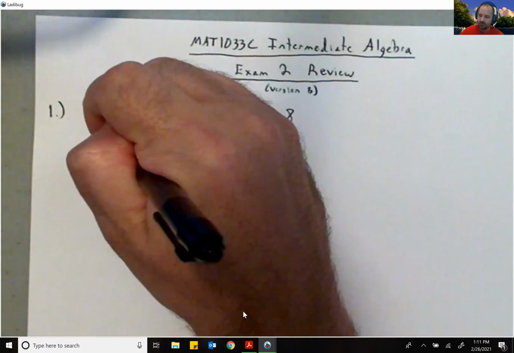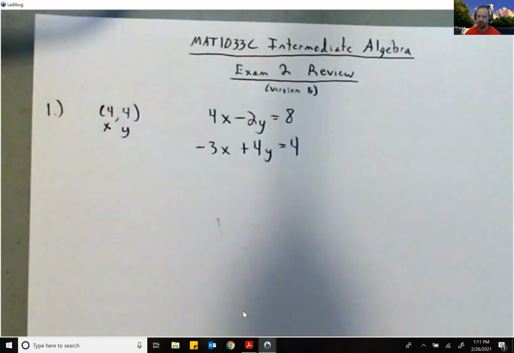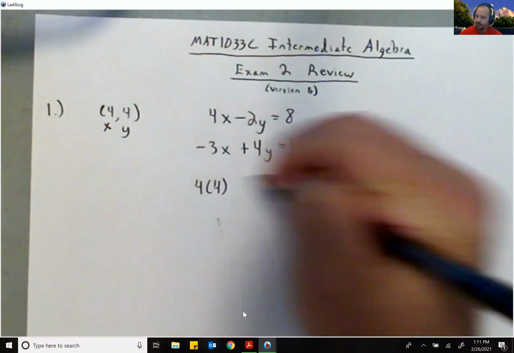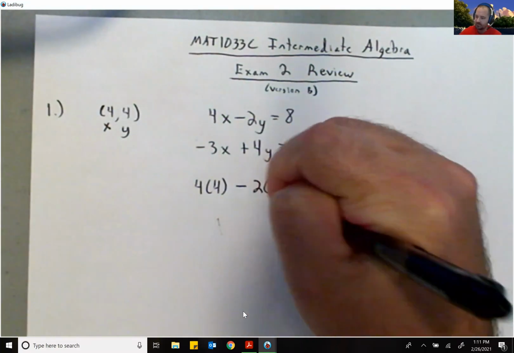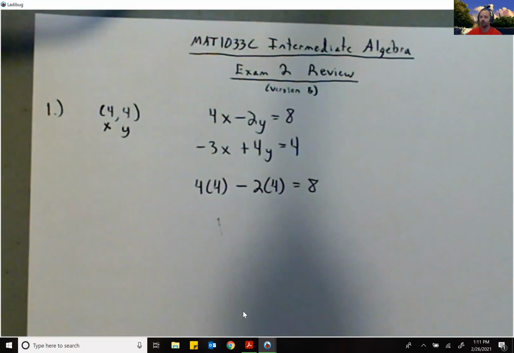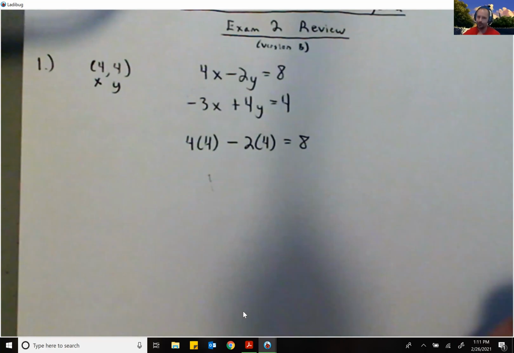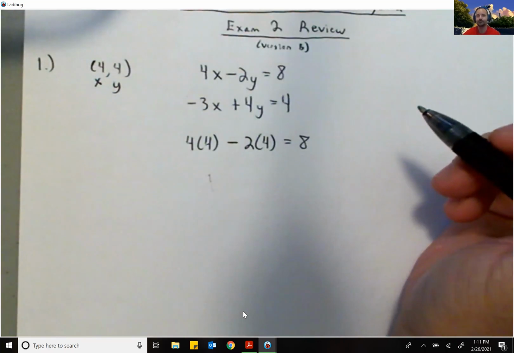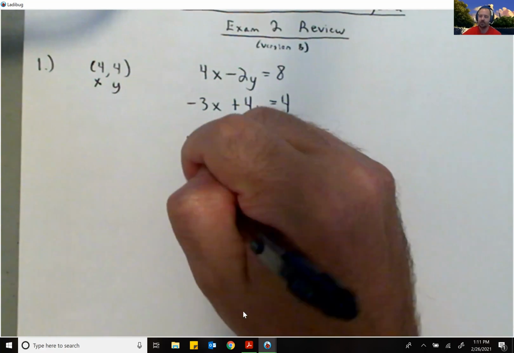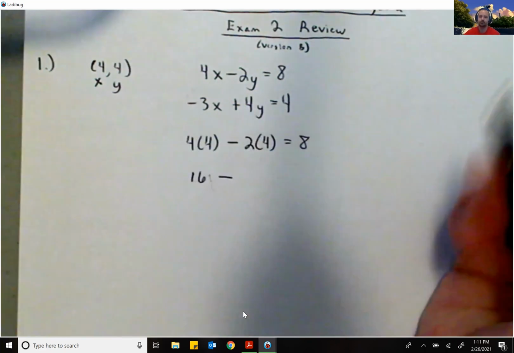So let's plug into the top one. Remember that points are made up of x, then y. So we've got 4 times 4 minus 2 times 4 equal to 8. So what is 4 times 4? 16. Minus 2 times 4.